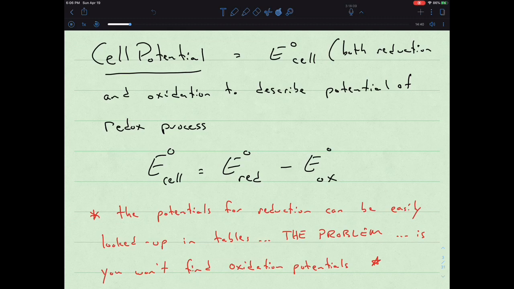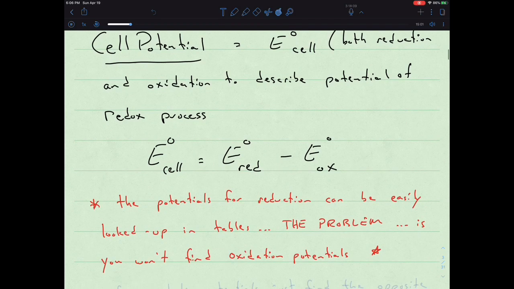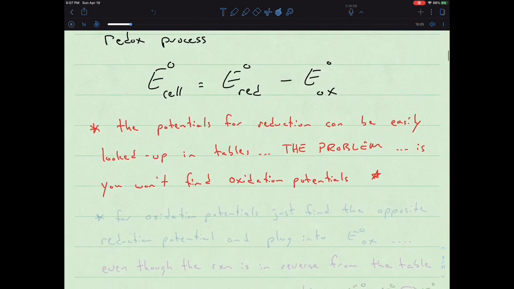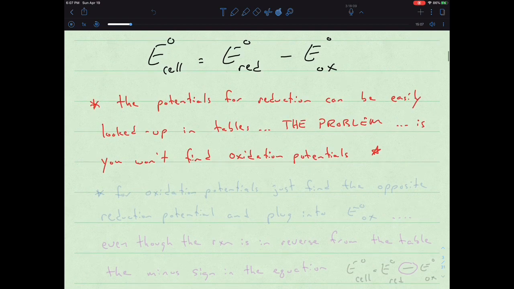This is really a problem area for a lot of students because, to be honest, this equation is taught two different ways, and this is one particular way to talk about it, as reduction minus oxidation. The problem we have here is, again, the only thing that we can look up is reduction potentials. So what happens with the other side of things, the oxidation potential?